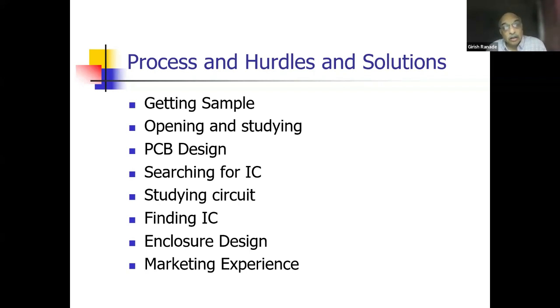So I reverse engineered the complete circuit. Then I found out that it should be hardly a 10 rupee IC. I replaced that IC with what I had thought of, and it worked beautifully. It was a simple flip-flop, 7474. Anybody from an electronics background will appreciate that.